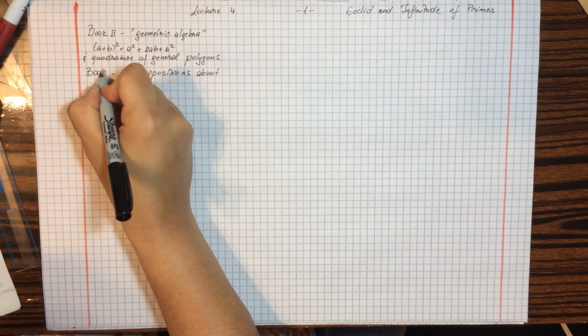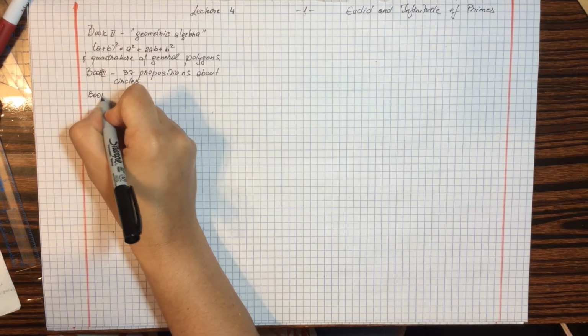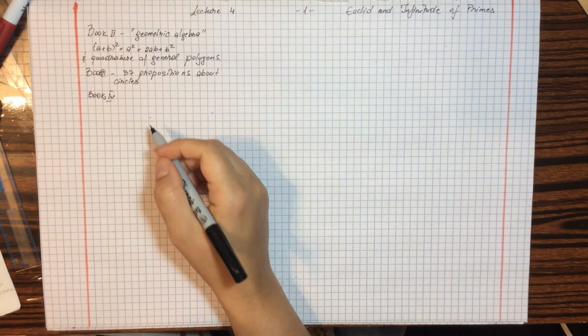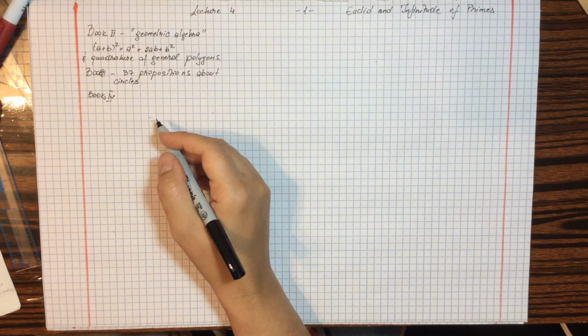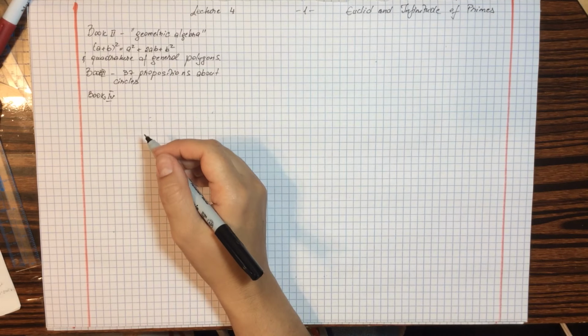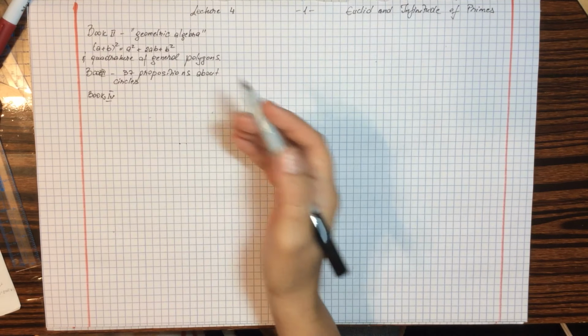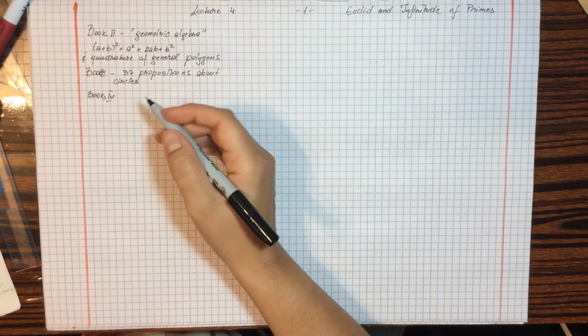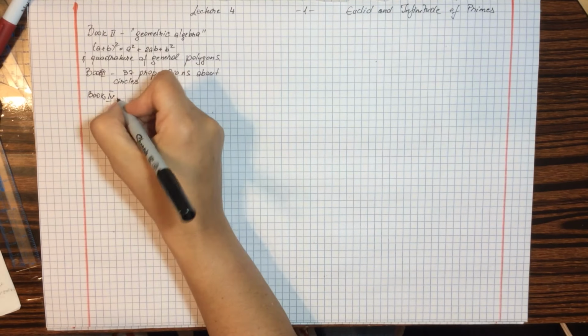Book 4 was all about inscribing and circumscribing certain kinds of geometric figures, for example, circles with triangles, and construction of regular polygons. So let me just write that.